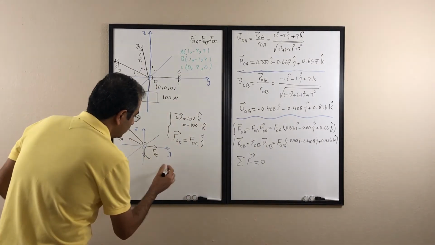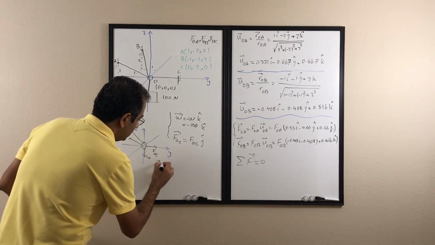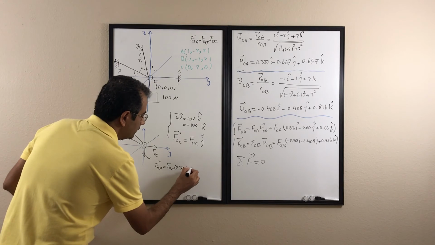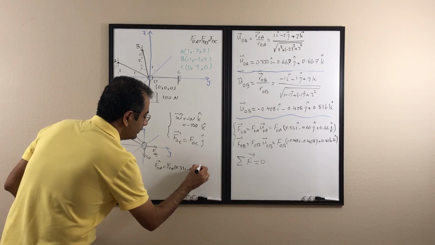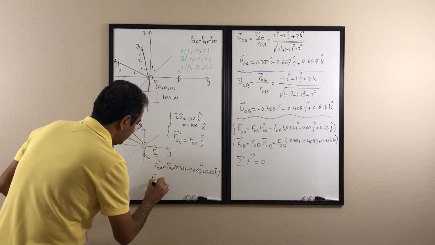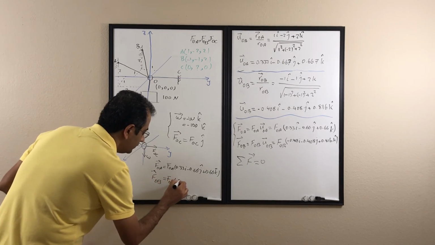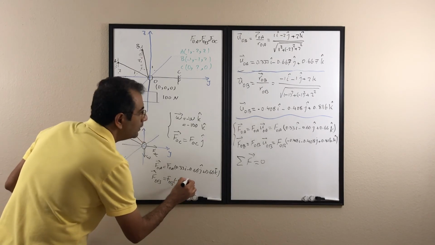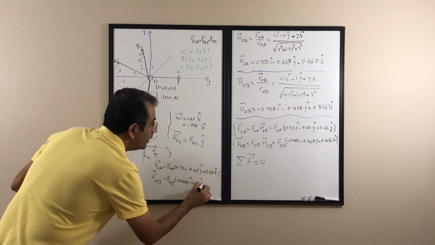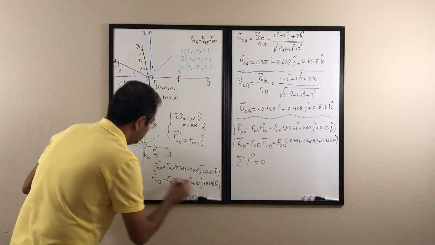The same here, FOA is its magnitude, FOA times 0.33 I minus 0.66 J plus 0.66 K, and FOB is its magnitude FOB times minus 408 I minus 408 J plus 816 K. So these are the other two.